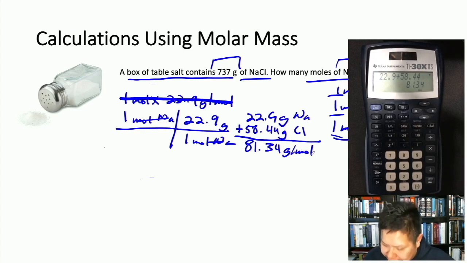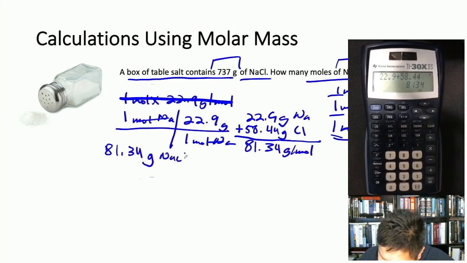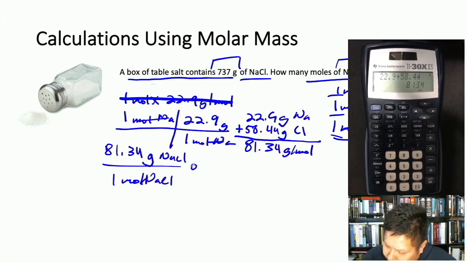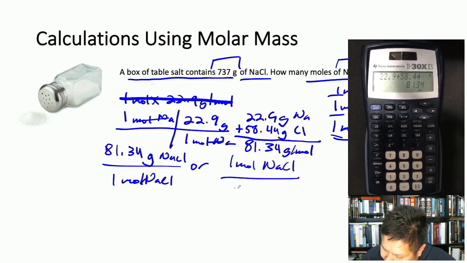Okay. Now, how do we figure out how many moles there are? Remember the molar ratio we can use, right? We can either do 81.34 grams of NaCl over 1 mole of NaCl, or we can do 1 mole of NaCl over 81.34 grams of NaCl.